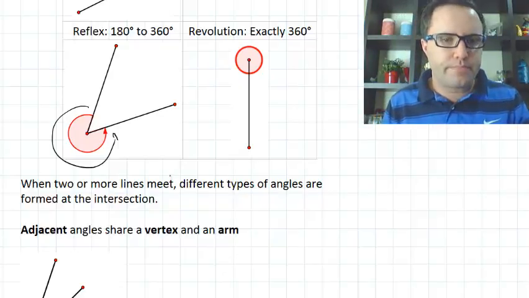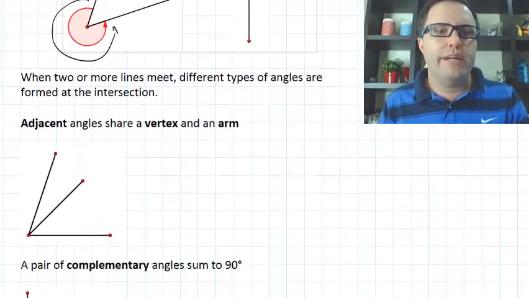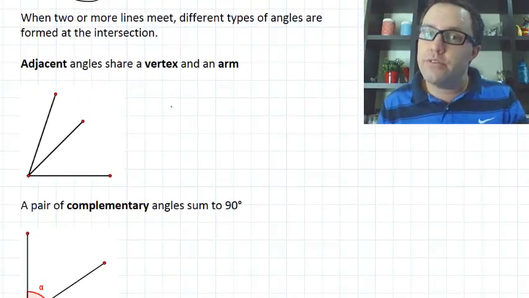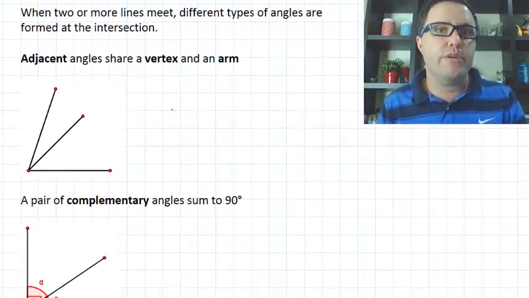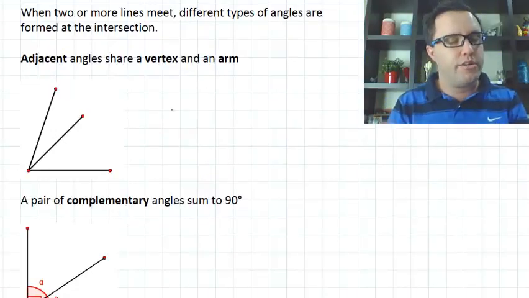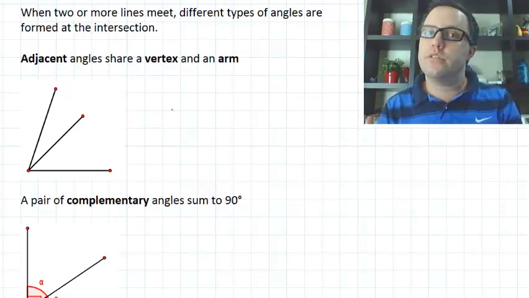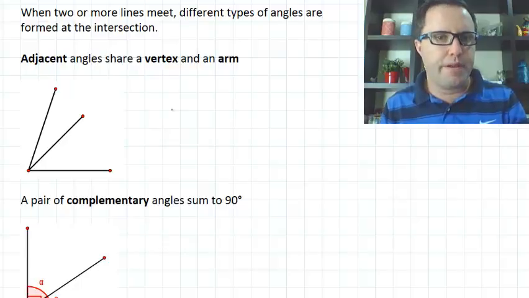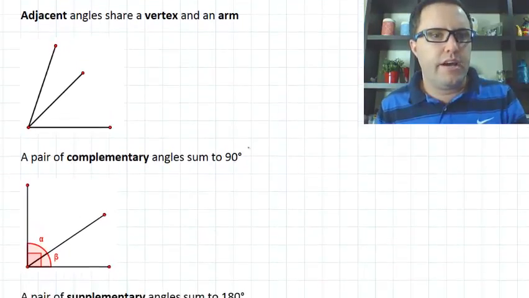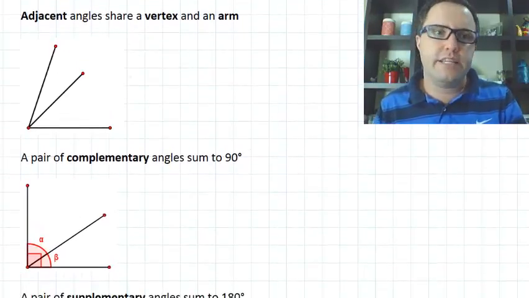All right. So when two or more lines meet, different types of angles are formed at the intersection. So these are all really important. So knowing the names of the angles, that's fine, but how to use them is the important part, okay? Right, so now adjacent angles share a vertex and an arm.